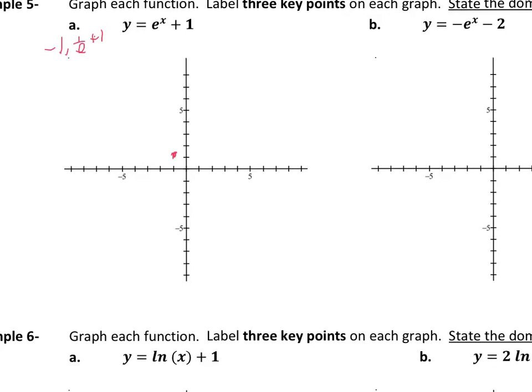Now instead of 0 and 1, we're at 0 and 1 plus 1, or 0 and 2, correct. Instead of 1 and e, we're at 1 and e plus 1. So we're now at 3.7, and there's our graph.